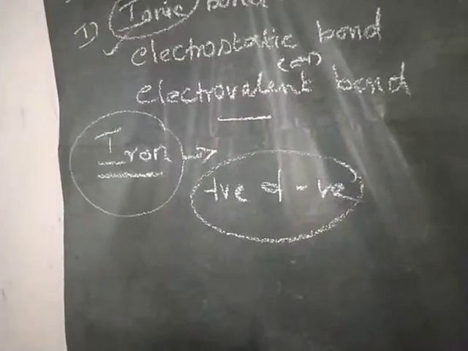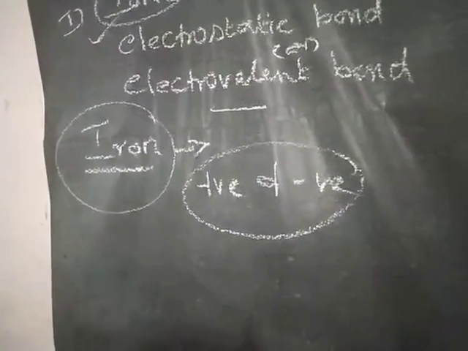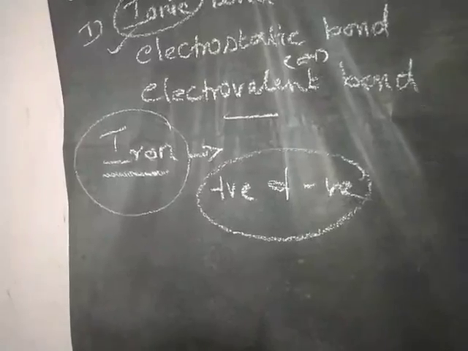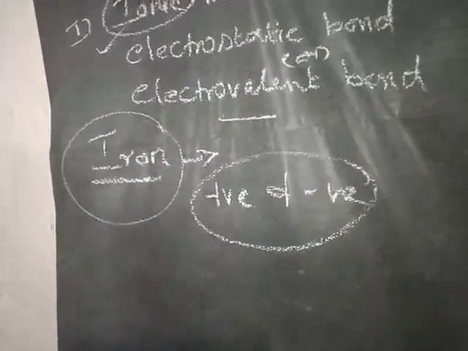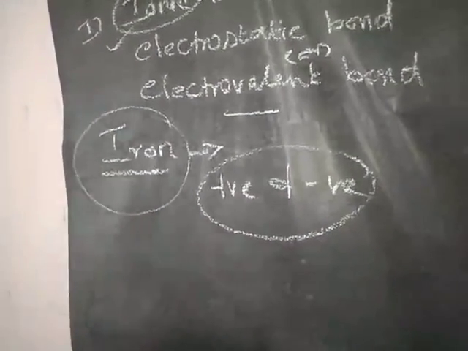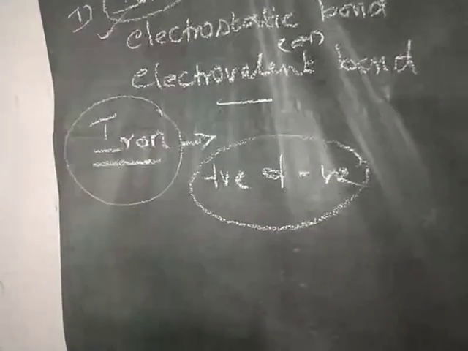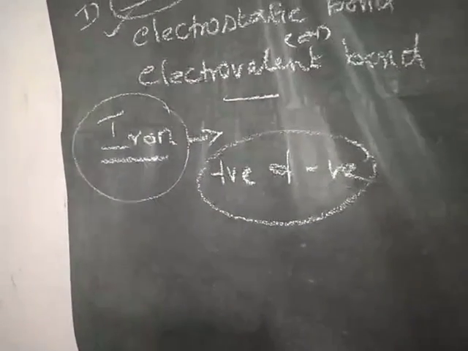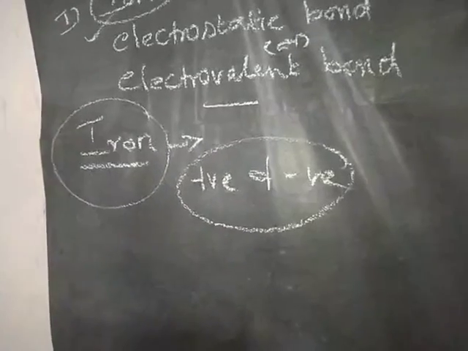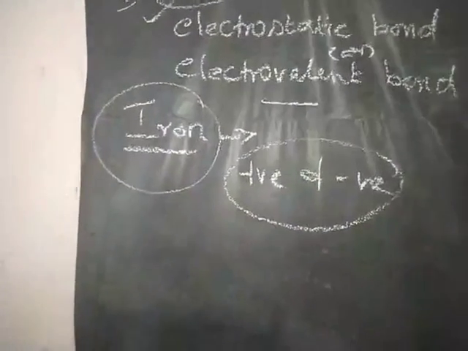The bond is formed between two atoms when one or more electrons are transferred from the valence shell of one atom to the valence shell of another atom.